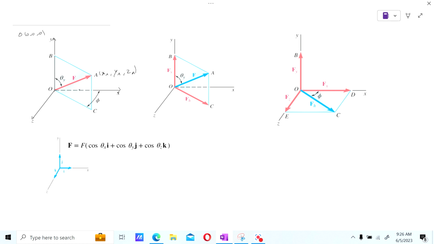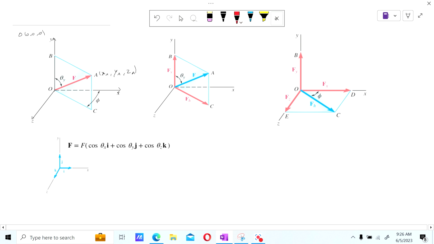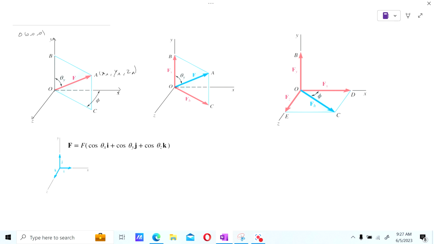The force, as you can tell right here, has components Fy, Fx, and Fz. You have three components, x, y, and z. What they're doing here is first projecting the force onto this plane, which is the easiest thing you can do right now.